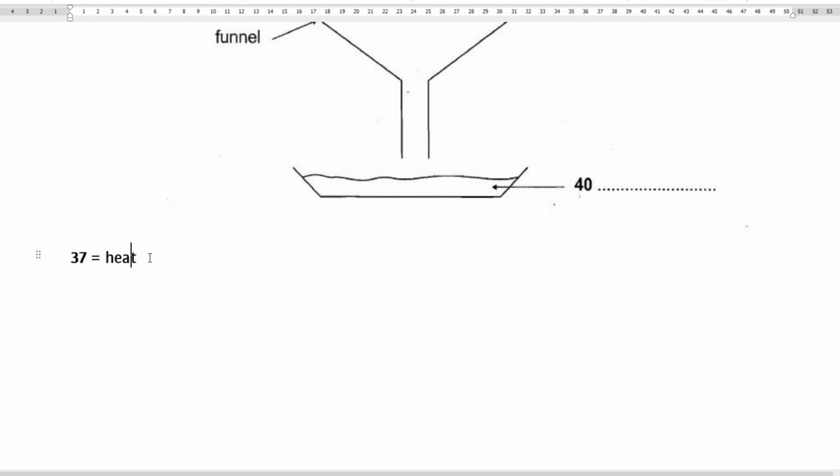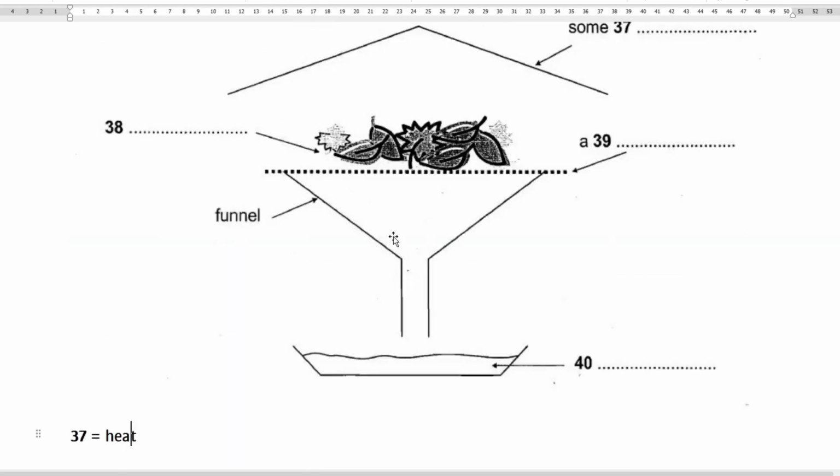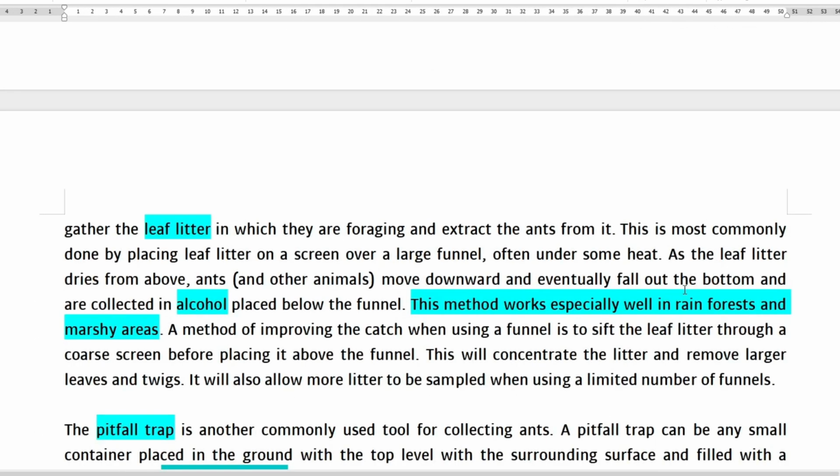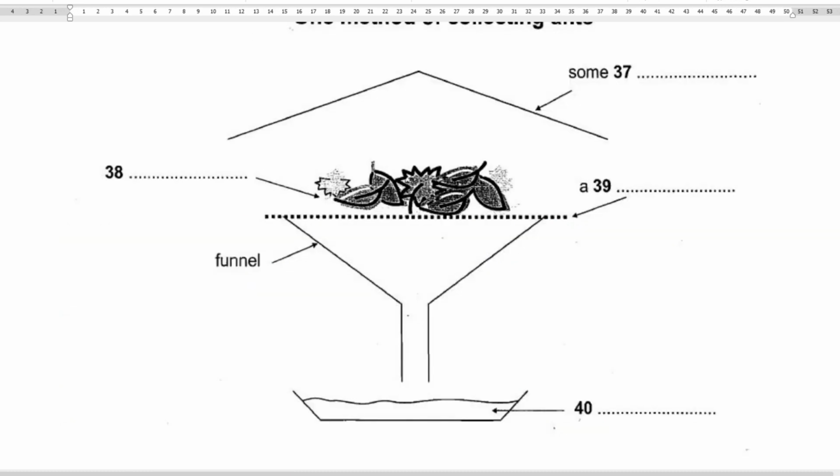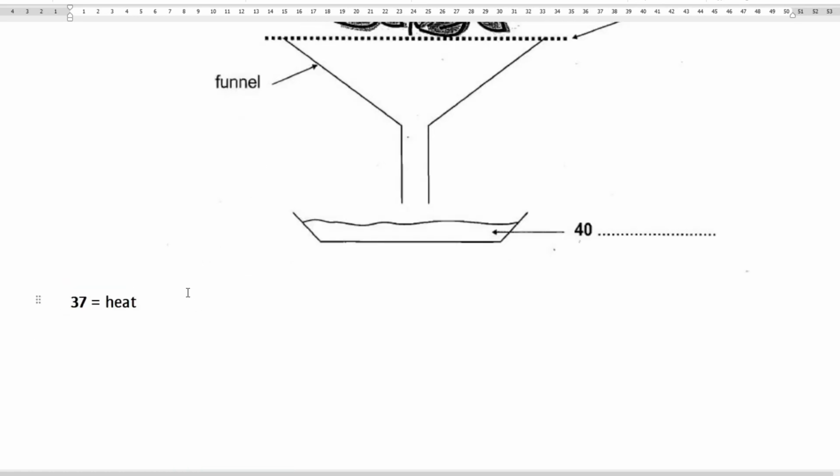And 38: as the leaf litter dries from above, ants and other animals move downward and eventually fall out from the... This is a leaf litter, right? We know that it's a leaf litter. So that's 38, leaf litter. All right, we have 39.